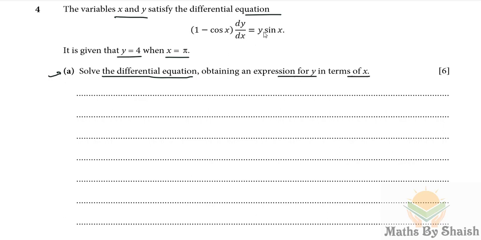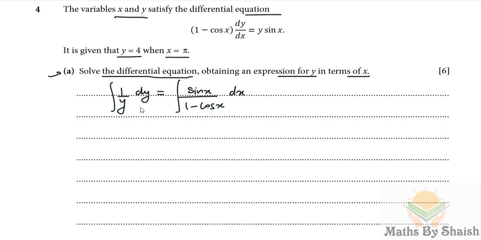So here, we know in our syllabus only variable separable is there, so we'll do the variable separable. Here we can get 1 over y dy, and I'm transferring everything to the other side, becomes sin x over 1 minus cos x dx, and we'll integrate it.